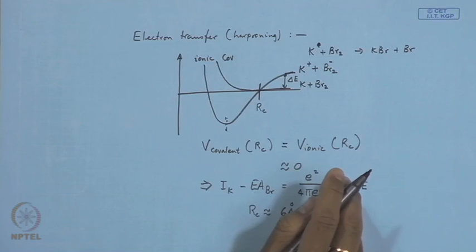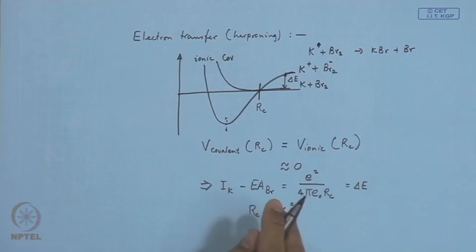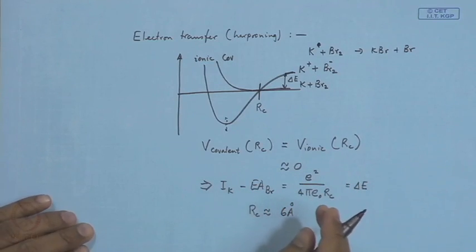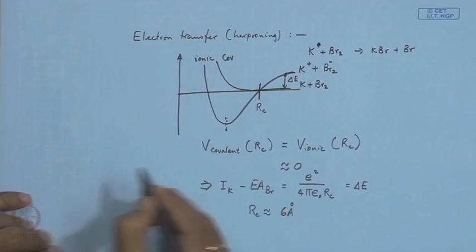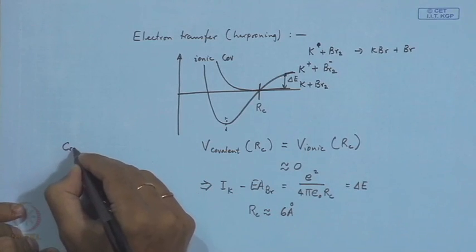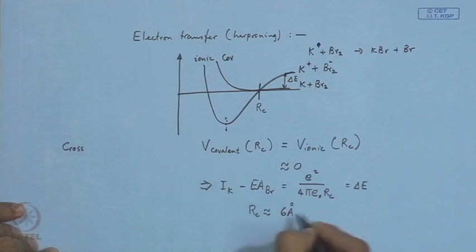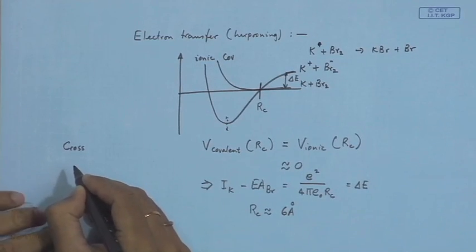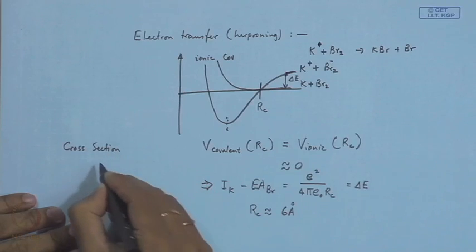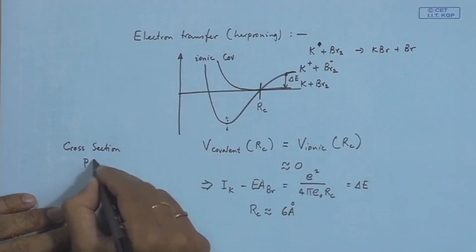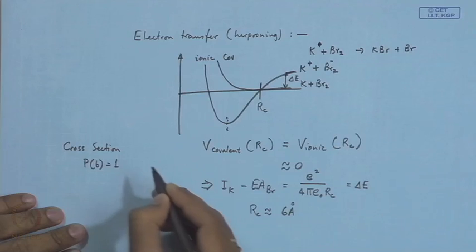And how to estimate the cross section? Under this condition, let us try to find out the cross section, and also assume Pb equal to 1.